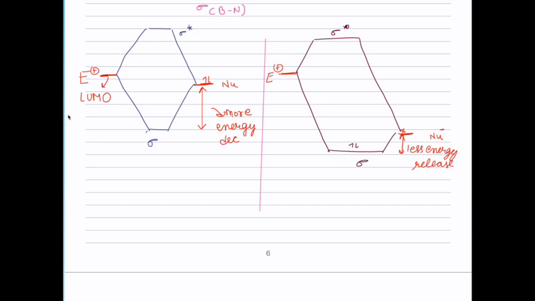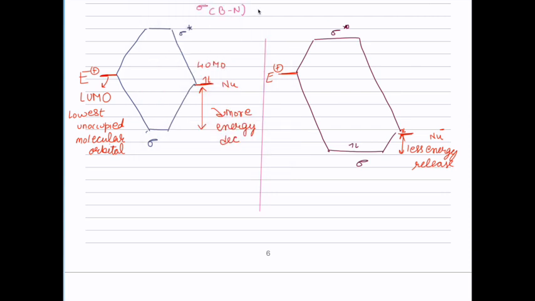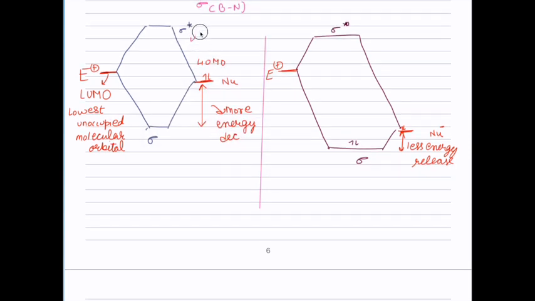What is LUMO? Lowest unoccupied molecular orbital. And the nucleophile with HOMO. This is called the highest occupied molecular orbital.